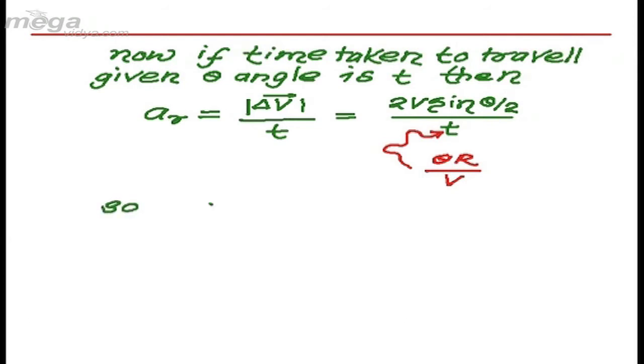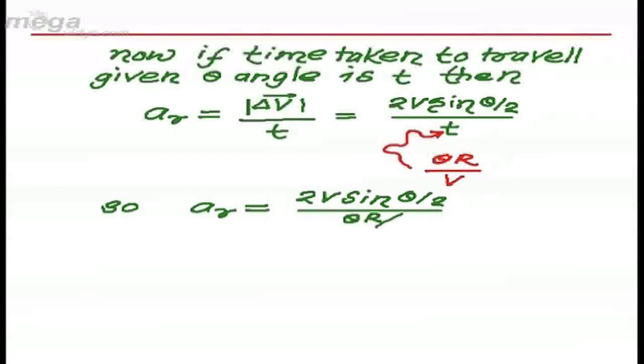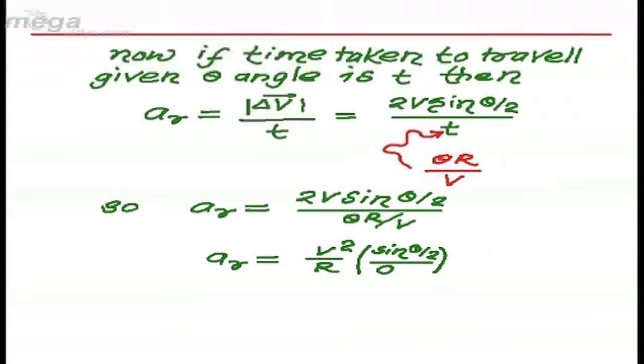So now we get AR equal to twice v sine theta by 2 divided by theta r divided by v, or AR is equal to v square by r into sine theta by 2 divided by theta by 2.